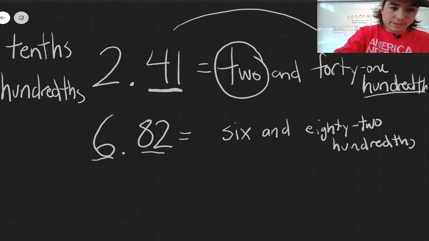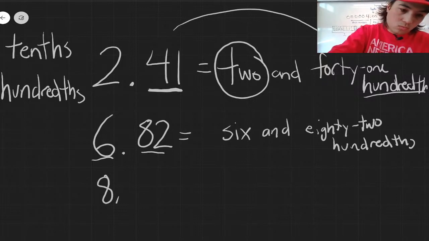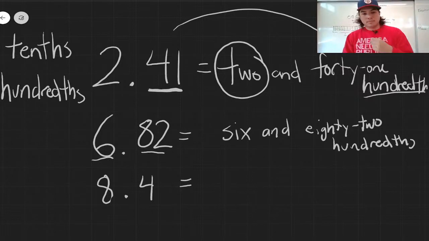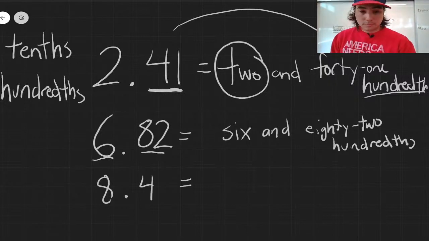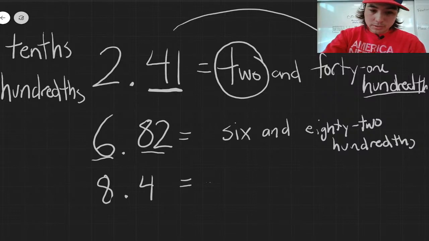Let's look at one that looks like this. Oops. That's not a decimal point, that's a comma. There we go. You might call it 8.4, right? Or, what's our whole number first? 8.